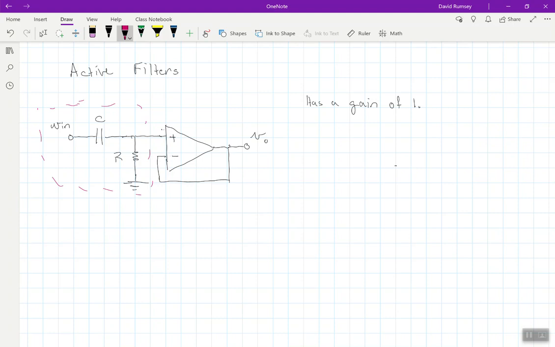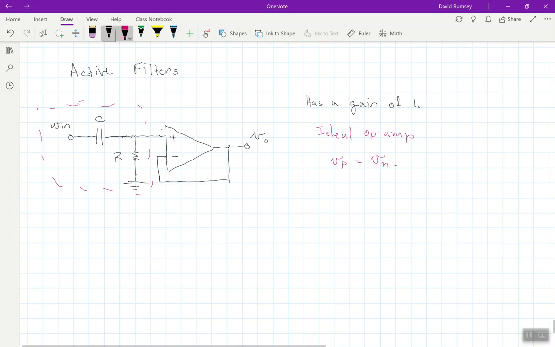So remembering for an ideal op-amp, V positive, the voltage at the positive terminal, is equal to the voltage at the negative terminal.